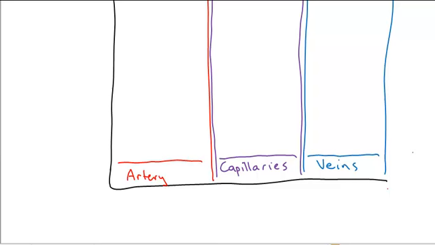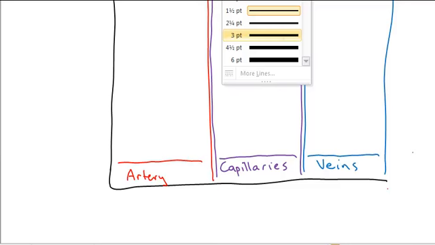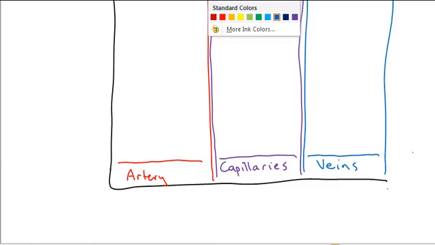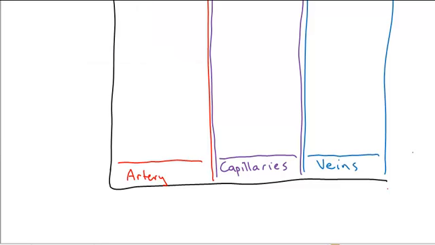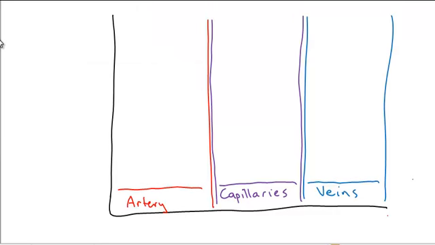So when we're looking at this, the first thing our graph is going to consider is the cross-sectional area of these vessels. And what cross-sectional area means is how much tube space, if we add it all up, is there for the blood to flow through.